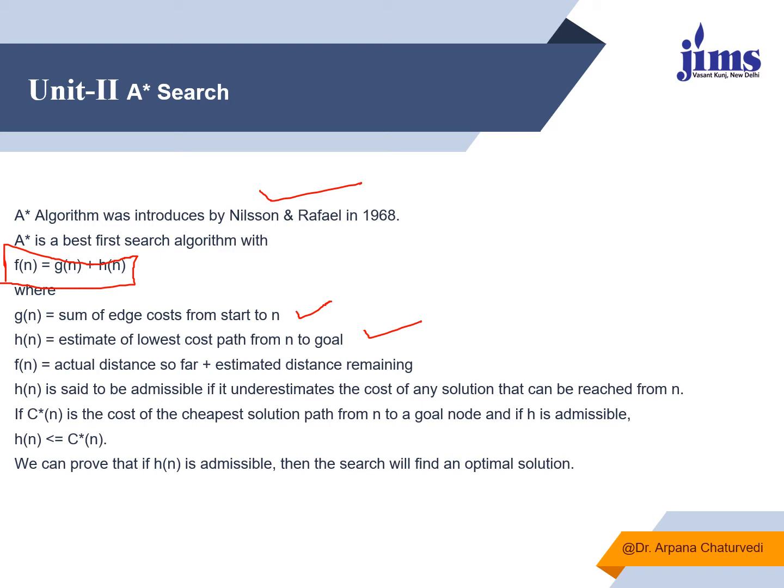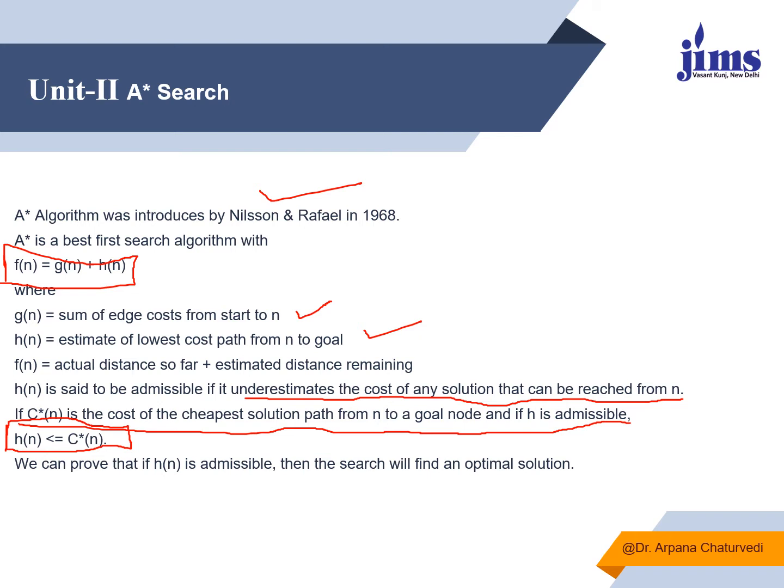And here what I want to explain is that h(n) is said to be admissible if it underestimates the cost of any solution that can be reached from n. So if C(n) is the cost of the cheapest solution path from n to the goal, then h is admissible only if, calculating for each and every node, we find that h(n) is less than or equal to C(n).